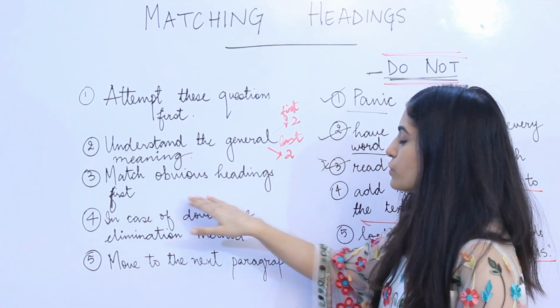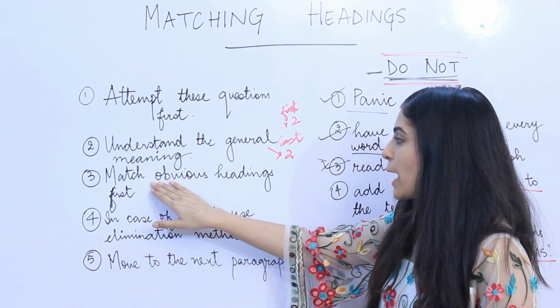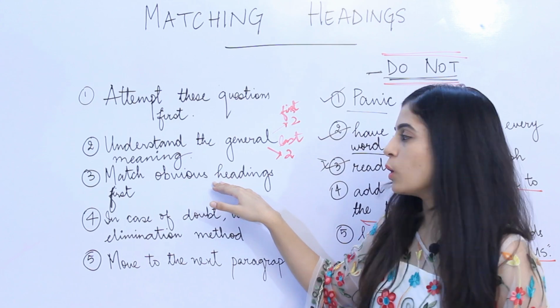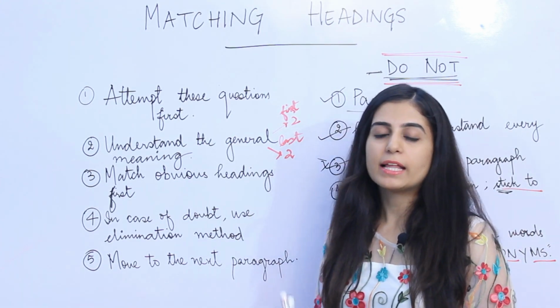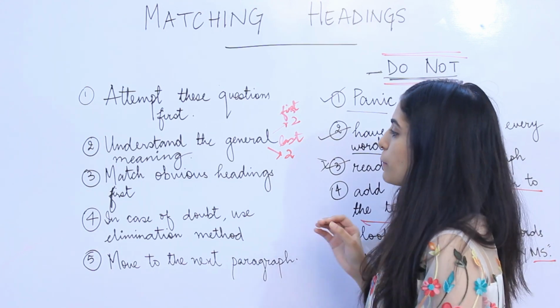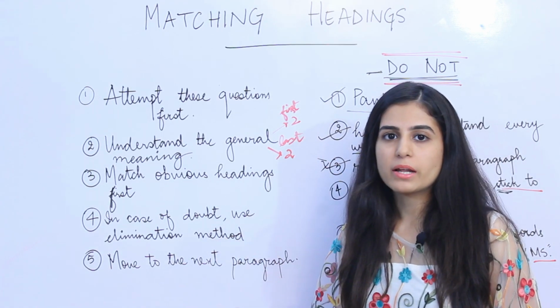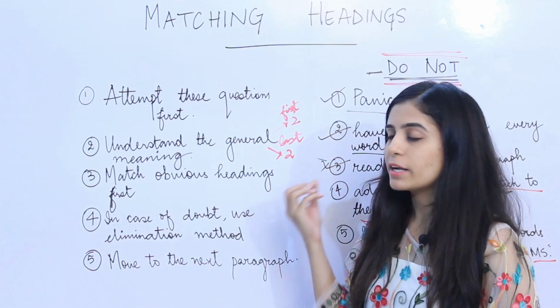Next is match obvious headings first. As soon as you go through and understand the general meaning of a paragraph and then look at the titles, I am sure there must be some paragraphs or titles that are obvious.